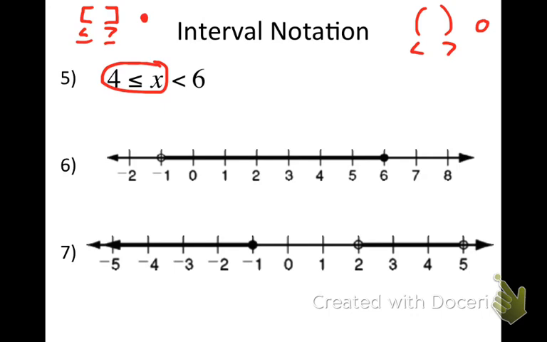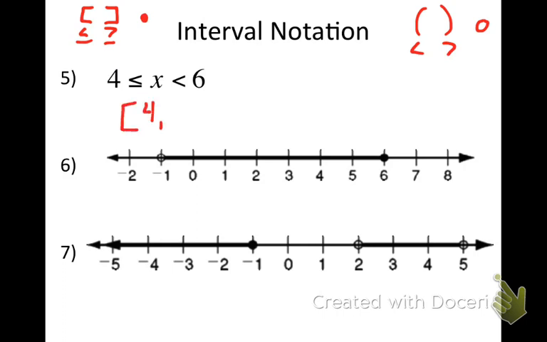Kelly, would the 4 be included or not? Yes. Why? How do you read that? 4 is less than or equal to. Because you have the equal to part, is 4 included? Yes. Isn't it like anything between 4.1?